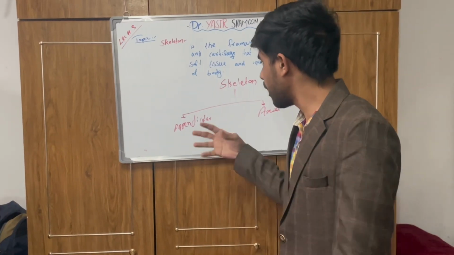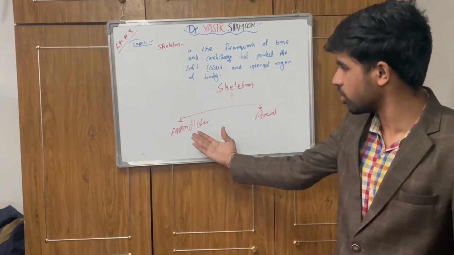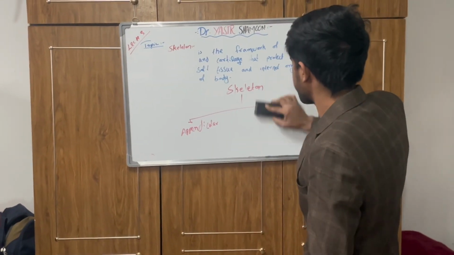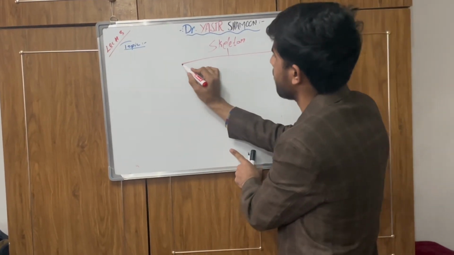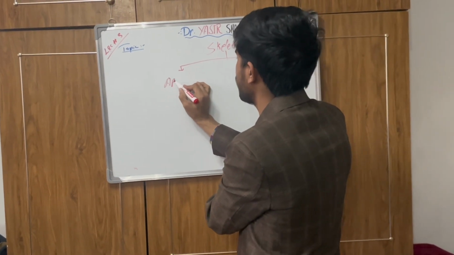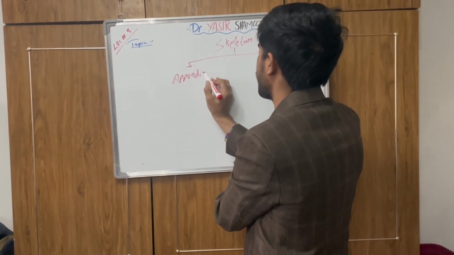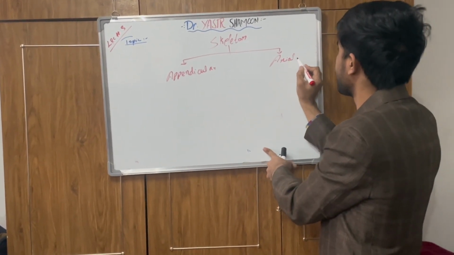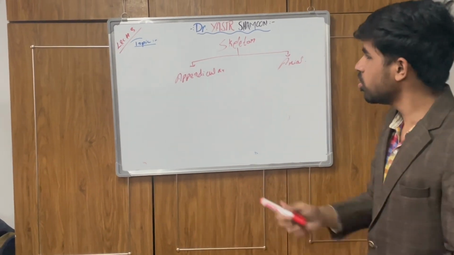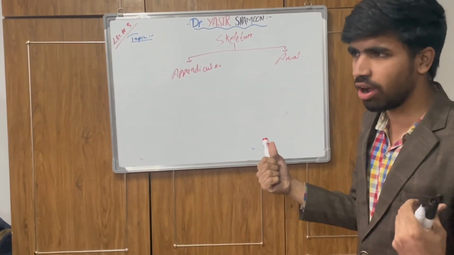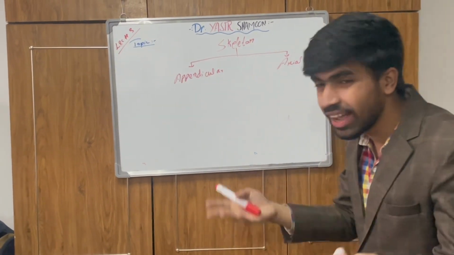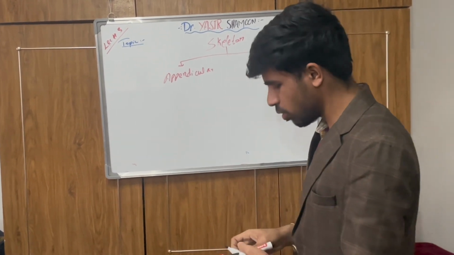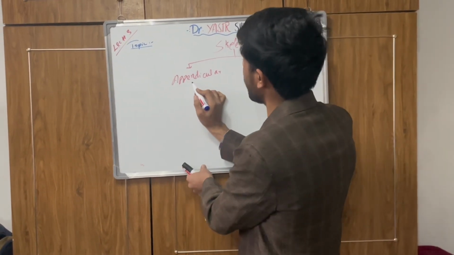The appendicular skeleton is the part at the edge of the body, outside the axis of the body, while the axial skeleton is serving the axis of the body. Now, the composition and parts of the appendicular skeleton.